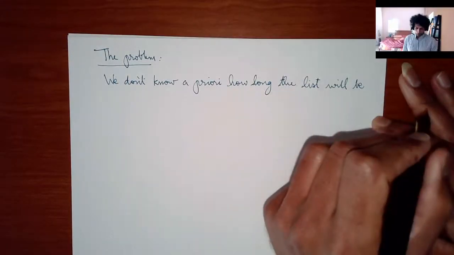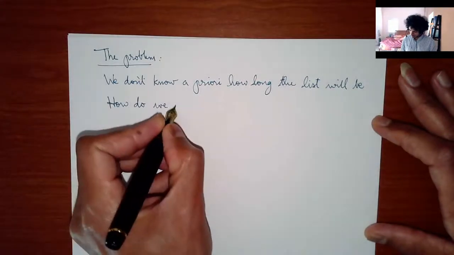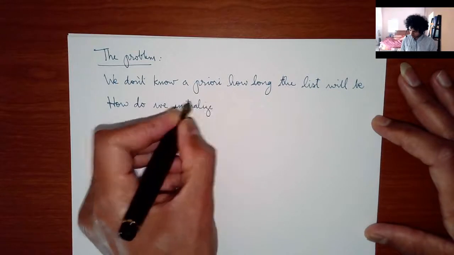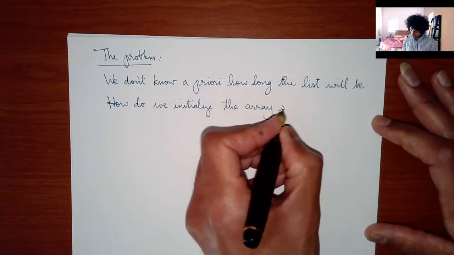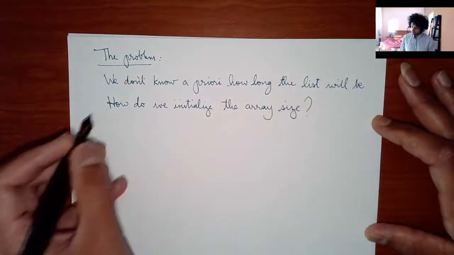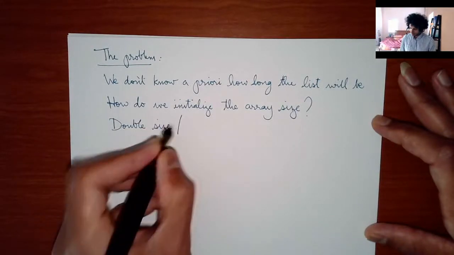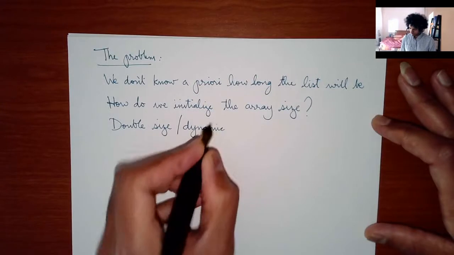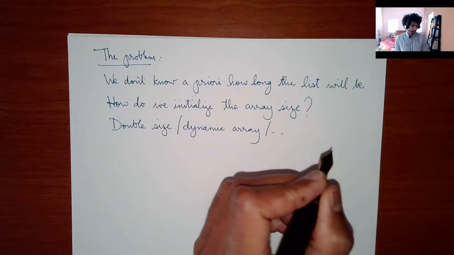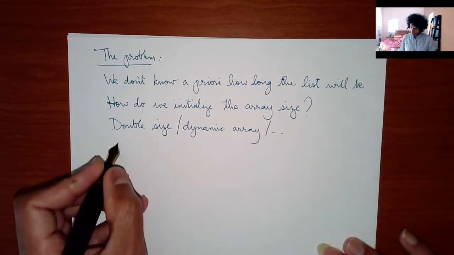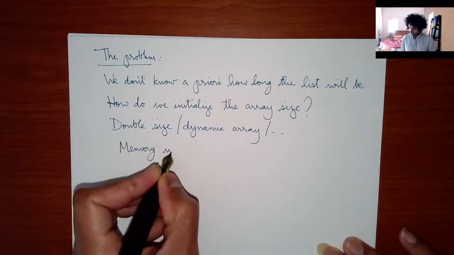And so our problem is, how do we initialize the array size? So as someone said, you could try to double the size. You could make it a dynamic array, etc. And there are various ways of doing this. But the problem is that memory gets wasted.